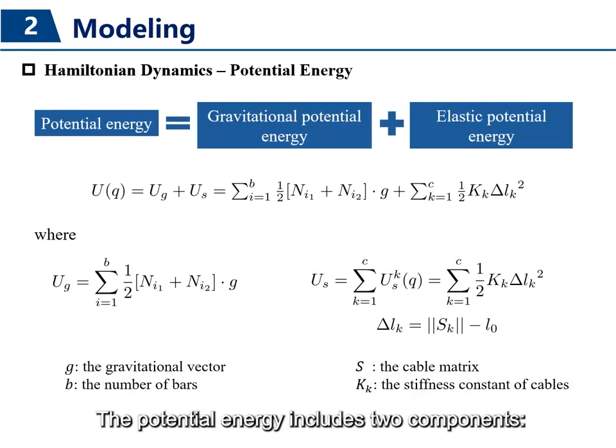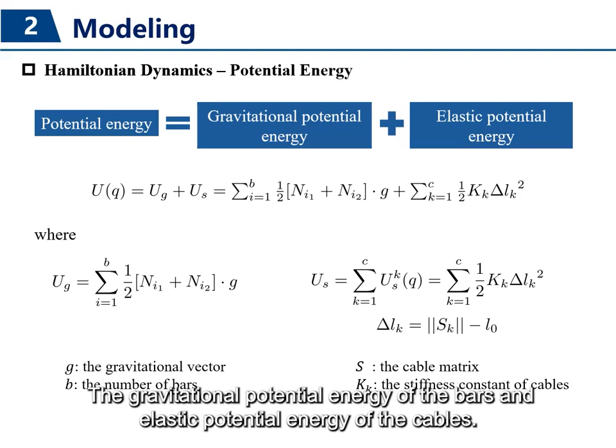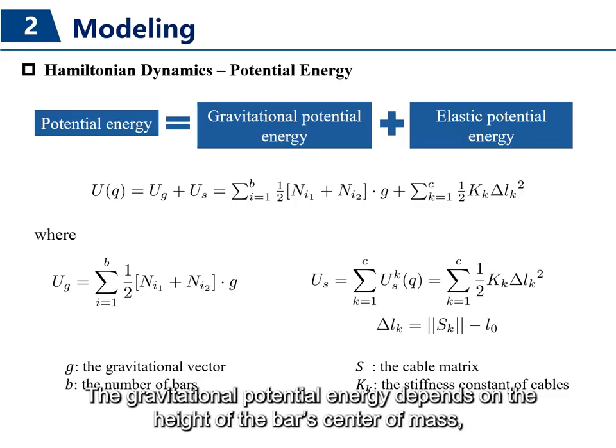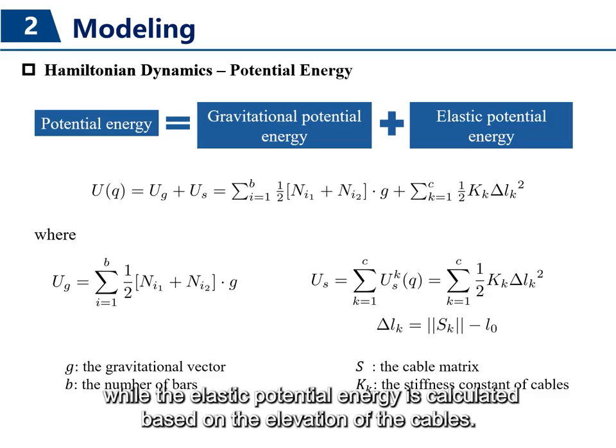The potential energy includes two components: the gravitational potential energy of the bars and the elastic potential energy of the cables. The gravitational potential energy depends on the height of the bar's center of mass, while the elastic potential energy is calculated based on the elongation of the cables.